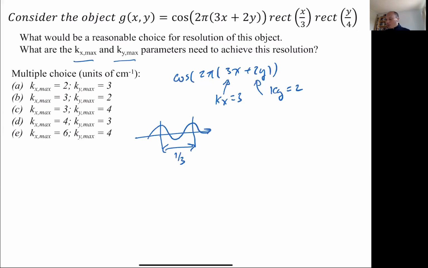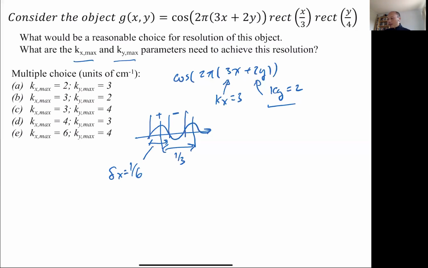And as we said before, a reasonable choice for resolution is half of that period, because if something is varying between plus and minus, then that's a reasonable choice for the resolution. So taking half of that, 1/6 would be a reasonable choice for the resolution of that object.